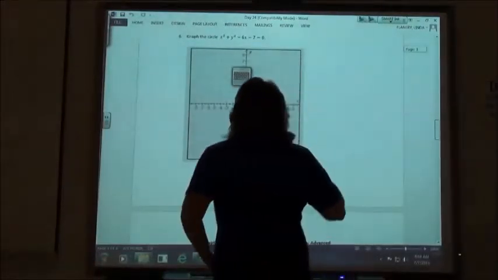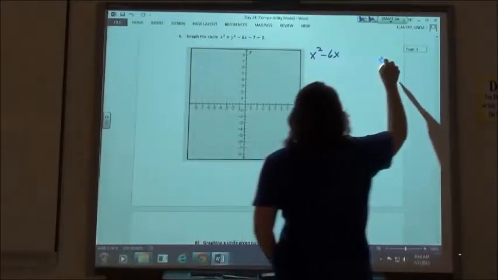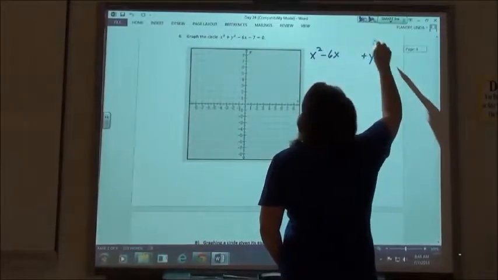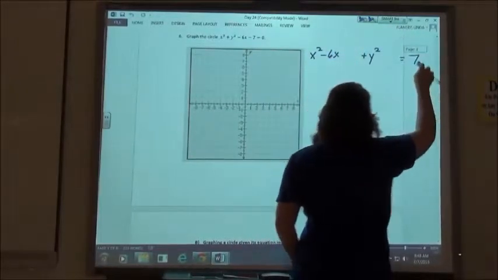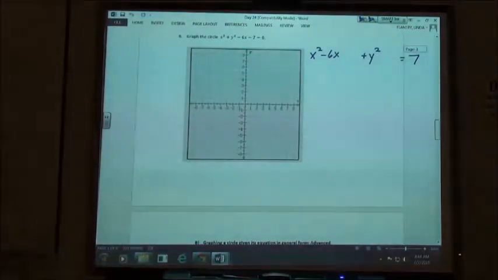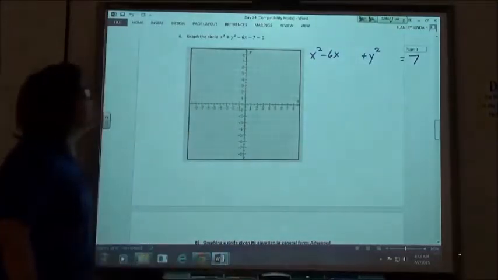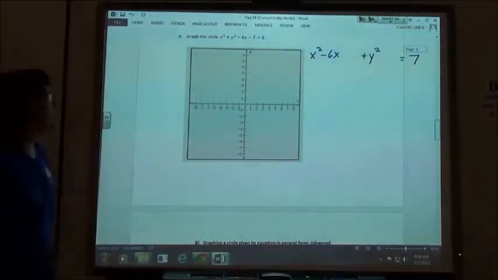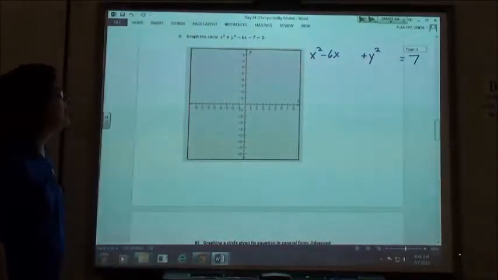So number 6, we have x squared minus 6x plus y squared, no other y's, equals the 7 I've got to move to the other side, so it's going to be a positive 7. So if I complete the squares on my x's, I'm going to get x minus 3 squared.